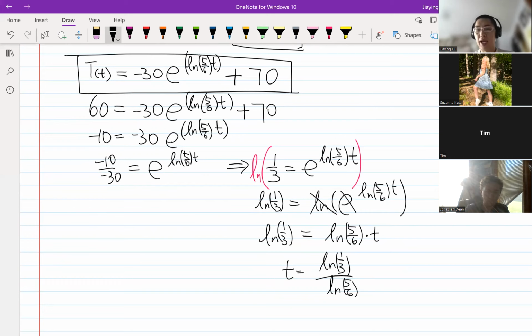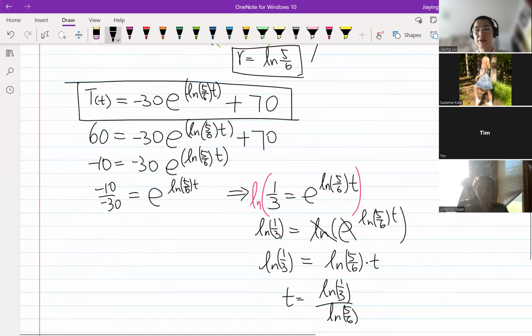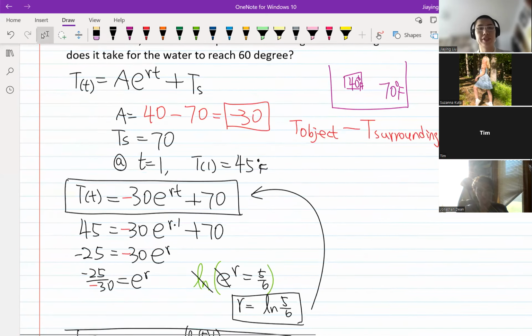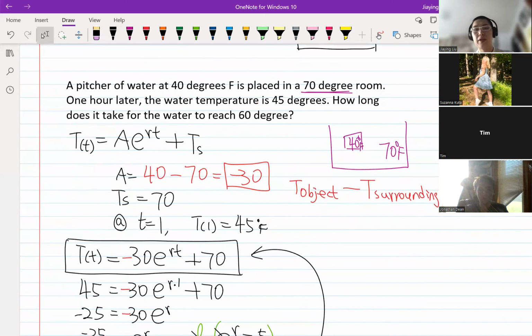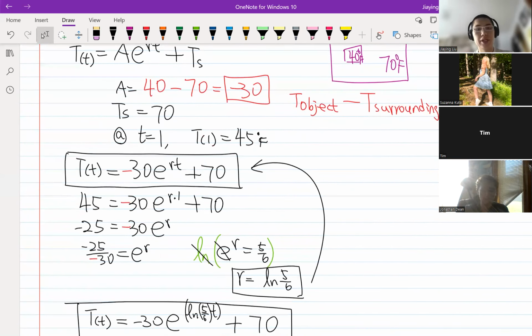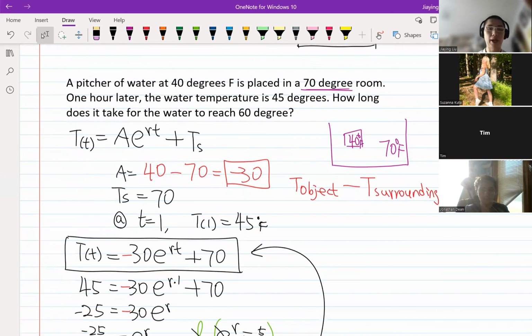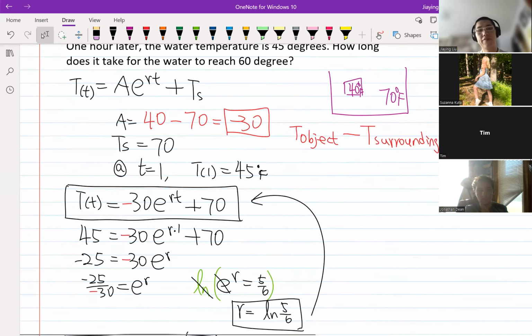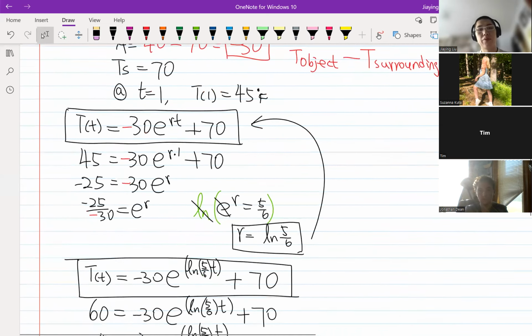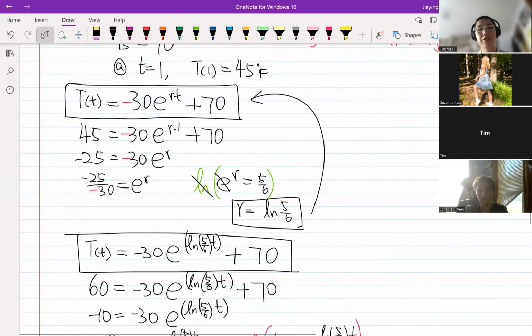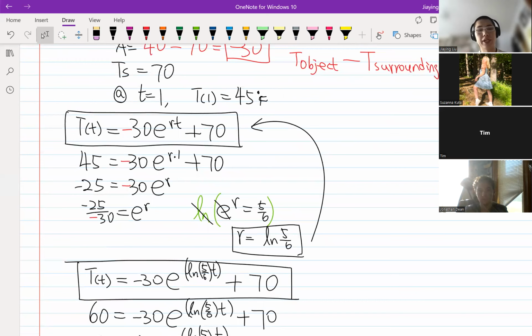Okay. Does that make sense, the process? I know the beginning could be really confusing when I made a mistake to find A. Hopefully that clarifies the issue there. The problem is really just take what we know, plug in there, and find out that we're actually missing the rate. So we need to find the rate first. After we solve for the rate, we put it back into the formula to get the actual formula for cooling.